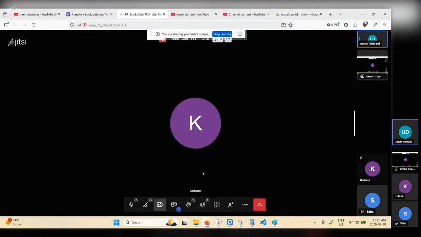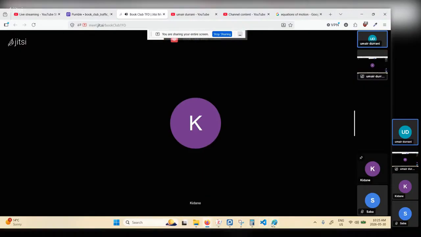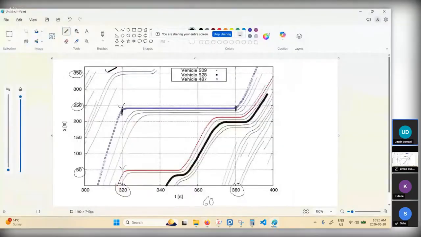There seems to be a 60-second red light phase, at least for this intersection. For this one, this is also starting at 320 and ending at almost 350. This one seems to be 30 seconds.